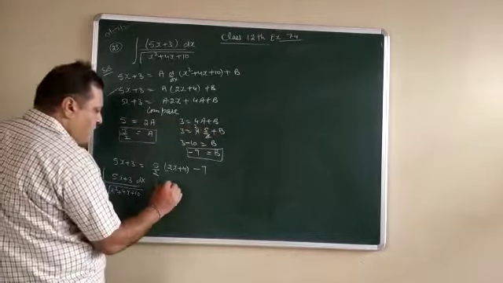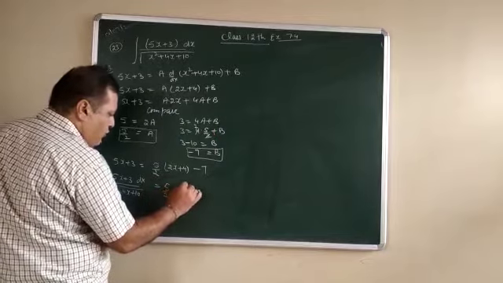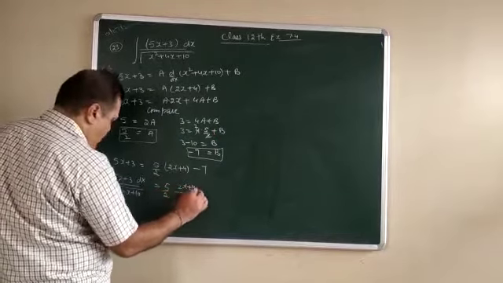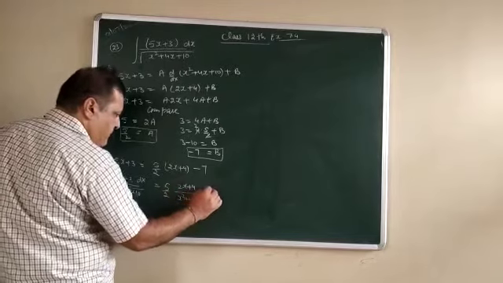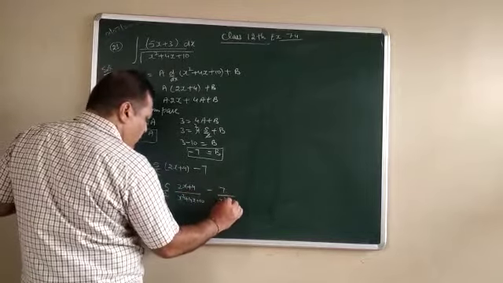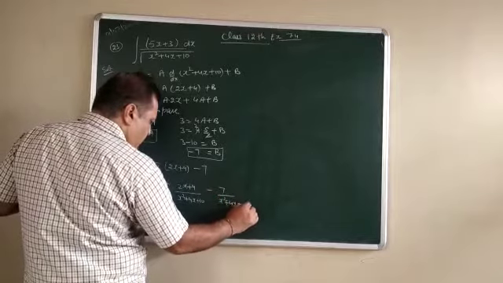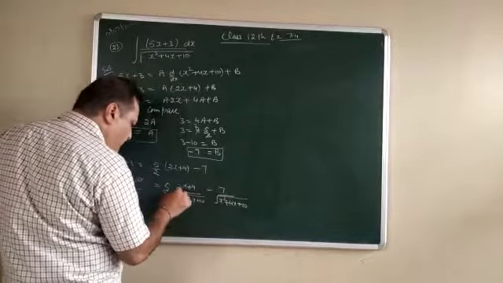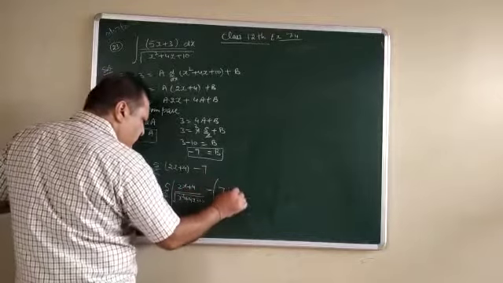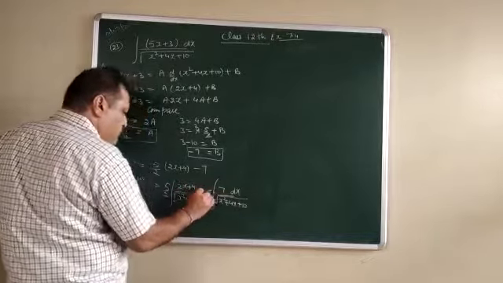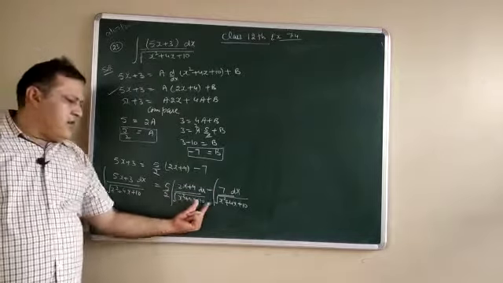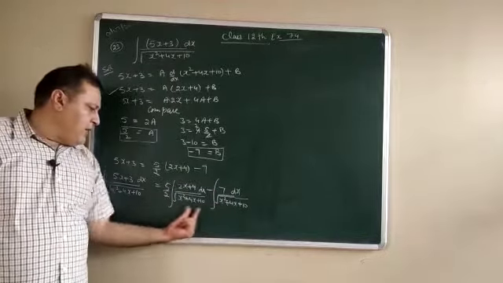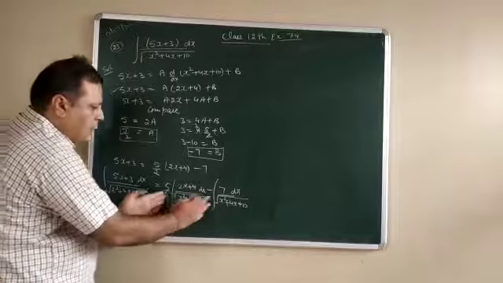So I break this into 5/2 times (2x+4)/√(x²+4x+10) minus 7/√(x²+4x+10). It means this single question is broken into two parts now. This statement can be written in this form so that we are able to integrate. Now these are the two questions.